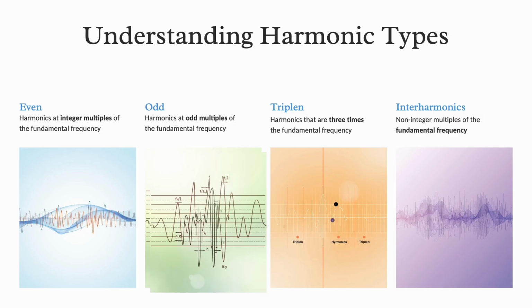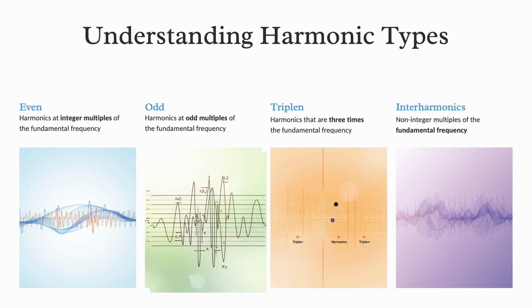Instead, they add up in the neutral conductor, which can cause neutral overloading and overheating. That's why triplen harmonics are particularly dangerous in a system with large single phase loads like computers, networks or LED lighting systems. So now let's talk about interharmonics.